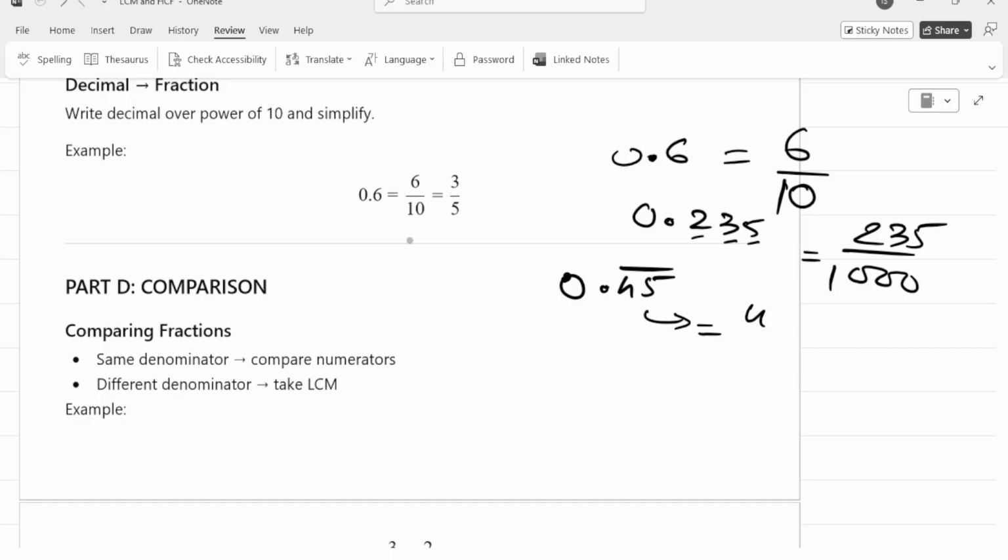There is a 45, and just remove the bar. We take 99. How many digits are under the bar? So just take 9s. Why do we take this? Because that is simply 100 minus 1.